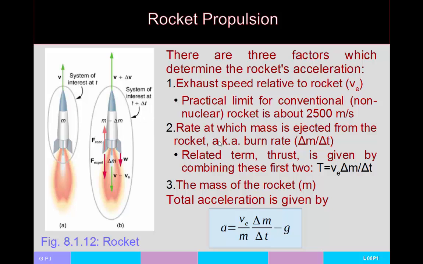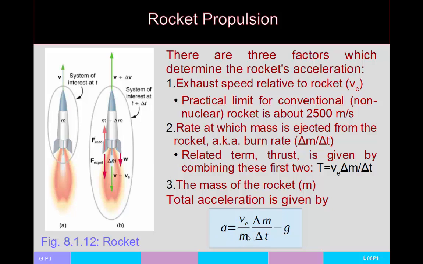Okay, so this is telling us basically that the more massive a rocket is, and remember that this mass includes the rocket's fuel, the less the acceleration can be, but the larger the burn rate or the larger the exhaust speed relative to the rocket, the greater will be the acceleration.